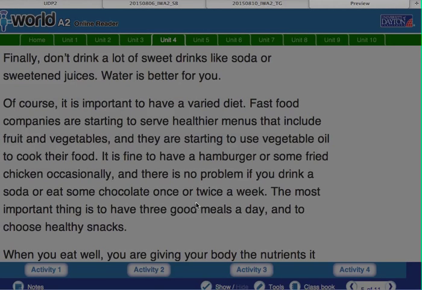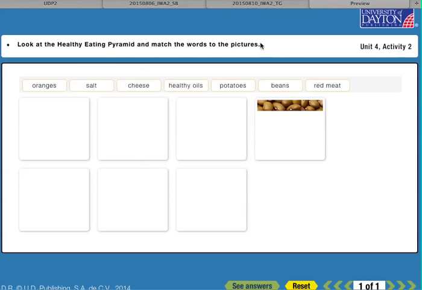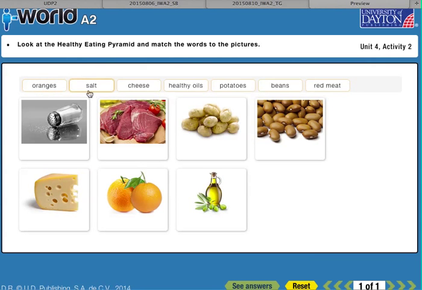Here, for example, you can match the food words that you see in the article to the pictures. For example, oranges. Which of these pictures is orange? Is this orange? No, perhaps that's not the orange. Can you see the orange here?